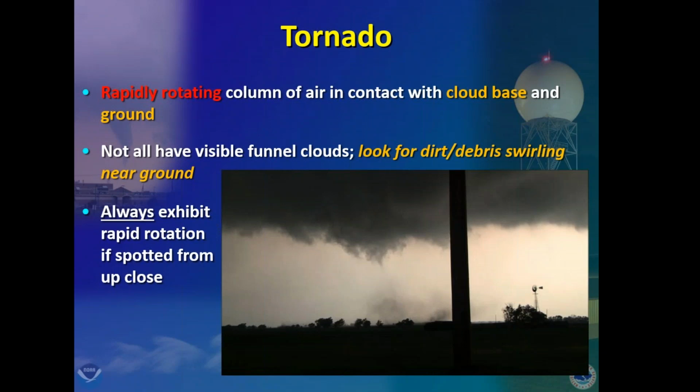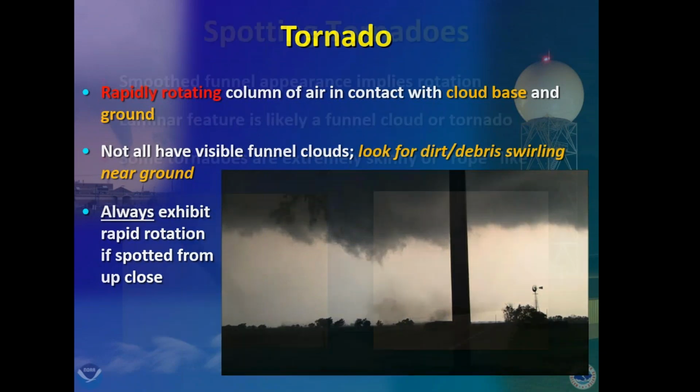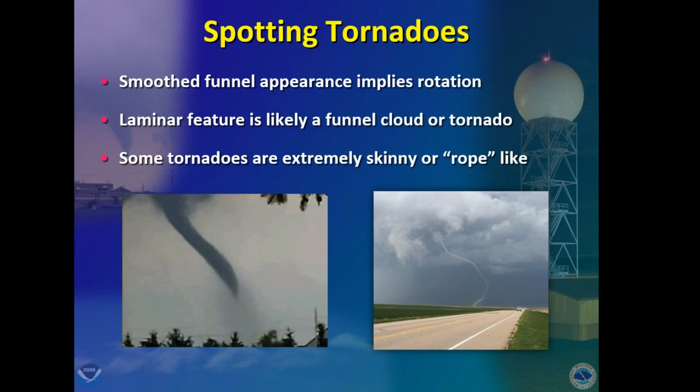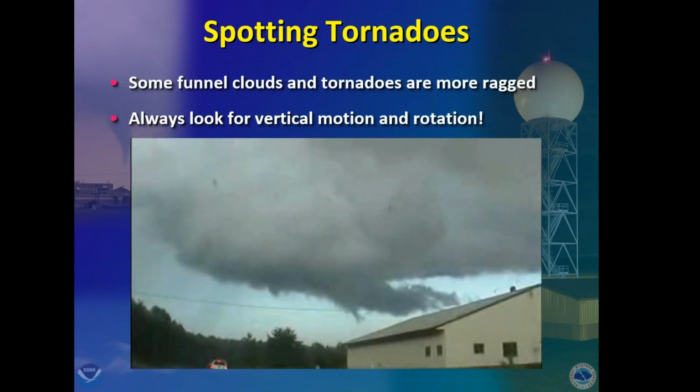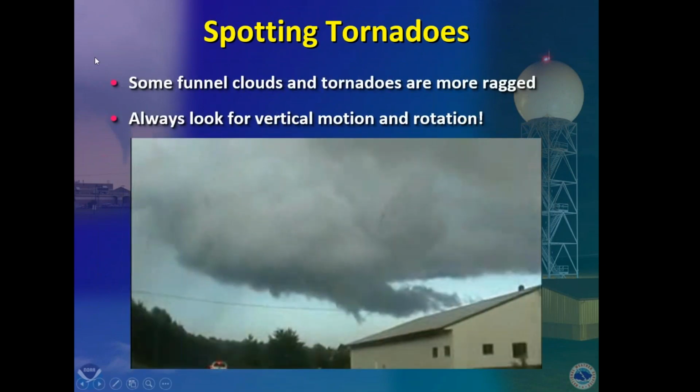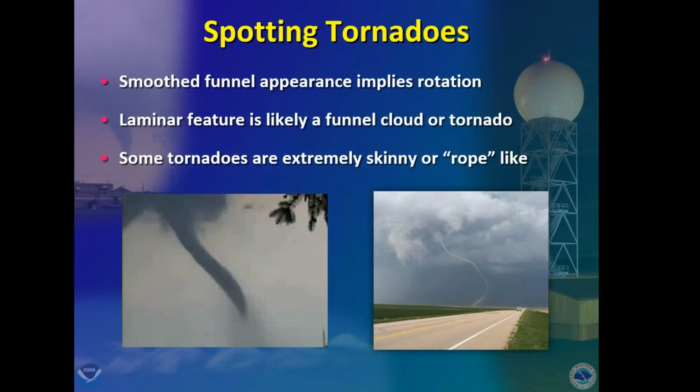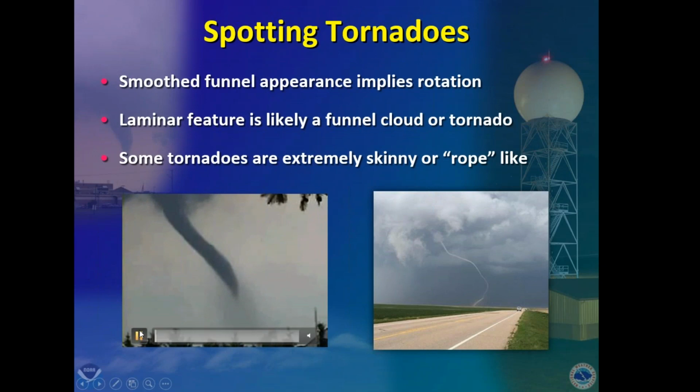So if you're waiting for that spout to develop from the tornado, you might be waiting a couple of extra seconds. Seeing that damage kind of tells you that you're looking at a tornado at that point.